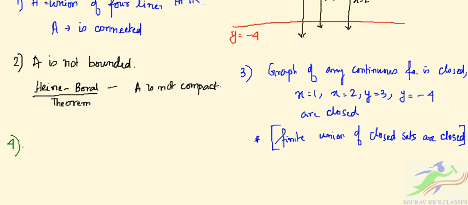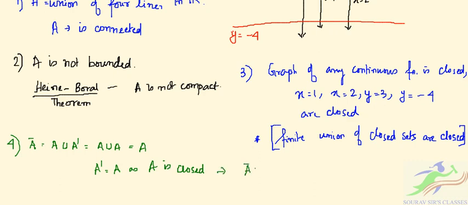We know that A bar, the closure of A, we can write as A union A prime, which is simply A union A, and it is nothing but A. Since A prime is equal to A, as A is closed, then the closure of A is not equal to R2.